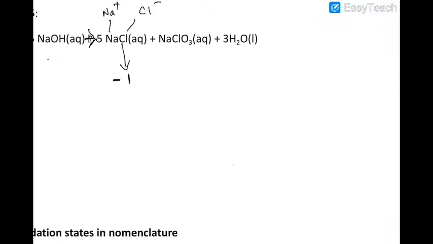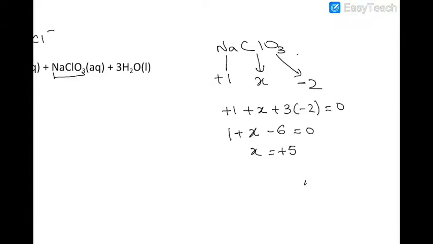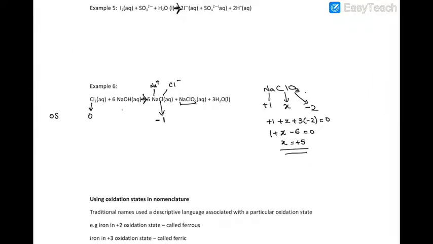In NaClO3 here, we're going to calculate it. Na is going to be +1, Cl is unknown, and oxygen is usually -2. When you calculate it, you get the oxidation state of chlorine to be +5.